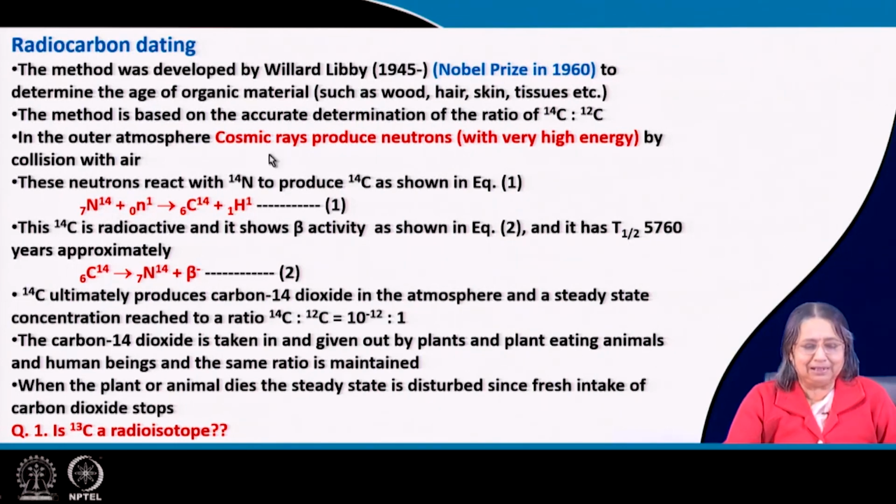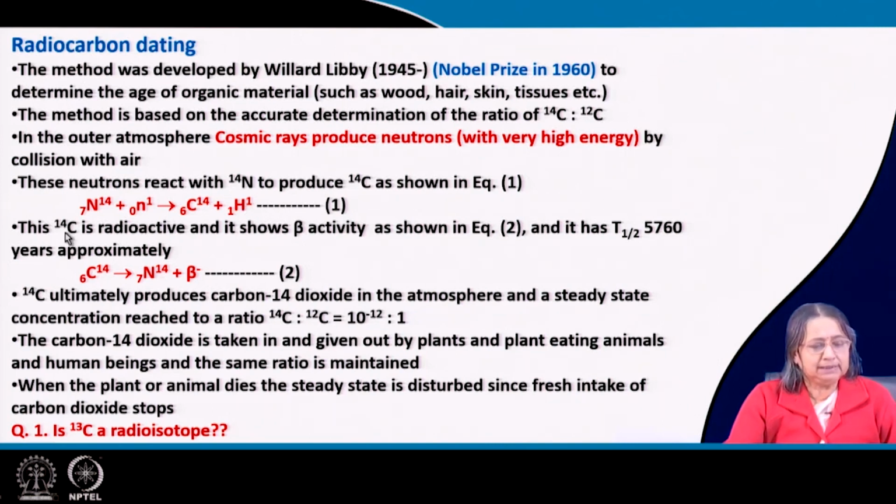This is naturally occurring, not done in some experiment in the lab. So, the neutron reacts with the nitrogen to produce 14C and a proton, according to equation 1. So, this is the equation.